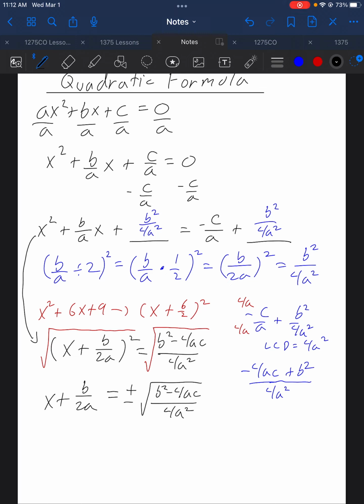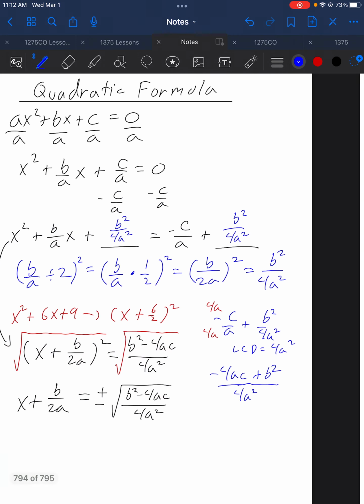Now, one thing that we have not talked about regarding radicals is that if you are taking the square root of a fraction, you can take the square root of the numerator and denominator independently. You can apply this radical independently. So something like the square root of 4 over 9 becomes just regular 2 over 3.